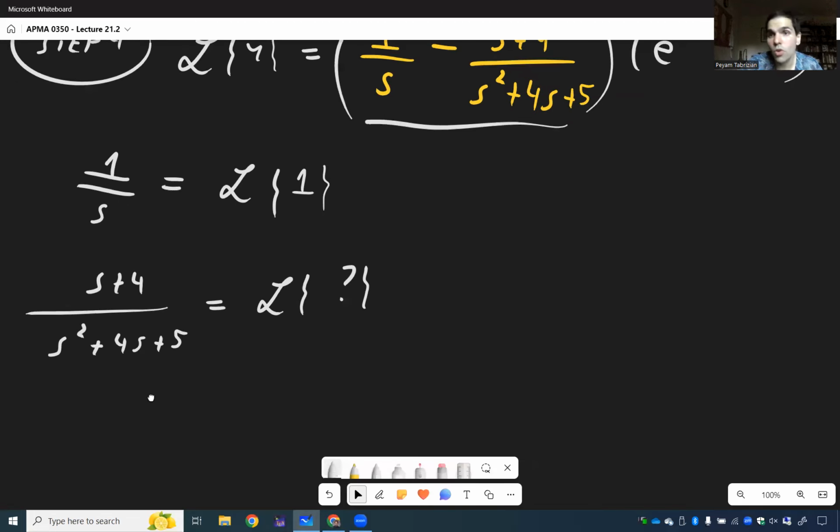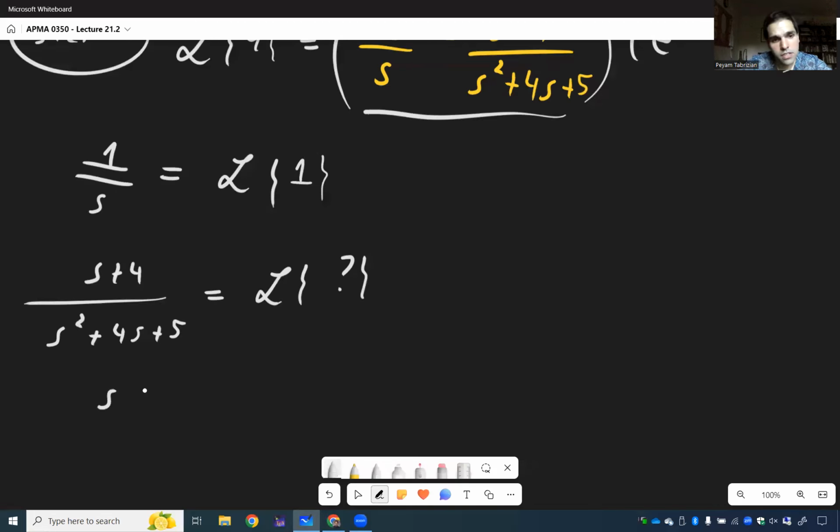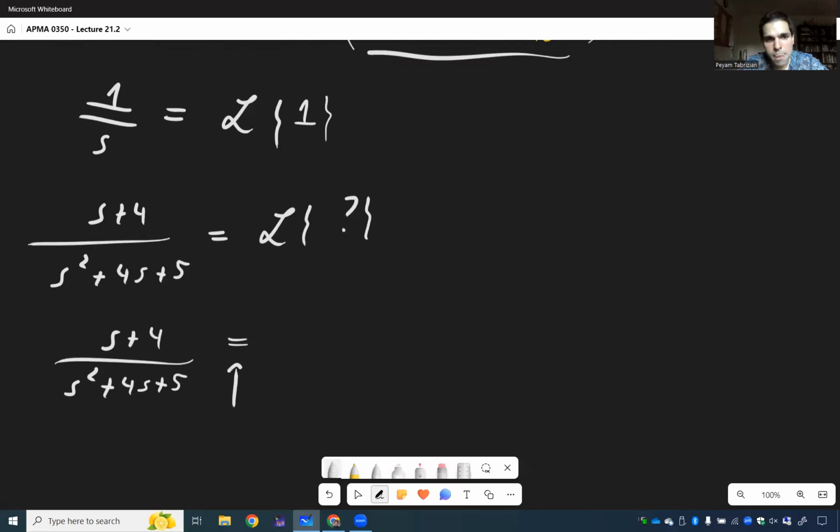So this was this completing the square trick. So this becomes s plus 4 over s squared plus 4s plus 5. If you complete the square, look how cute. It's literally a square. Okay.